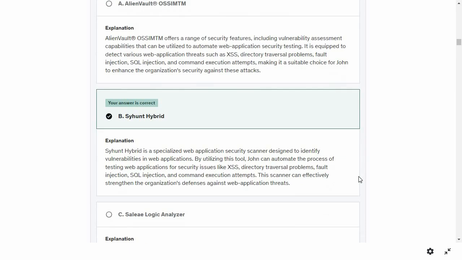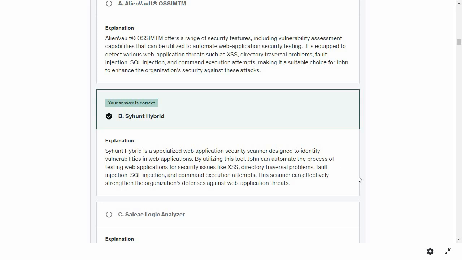Question number 1. Answer explanation. Answer number 1. AlienVault OSSIM offers a range of security features, including vulnerability assessment capability that can be utilized to automate web application security testing.